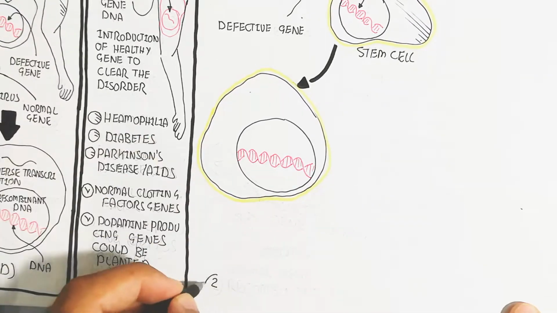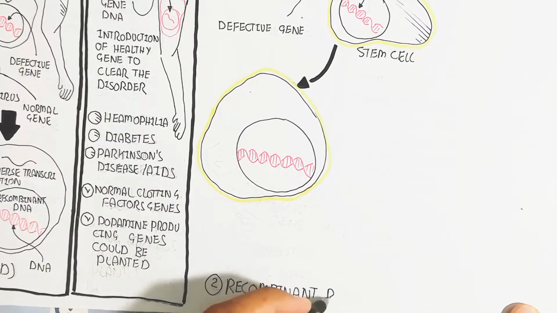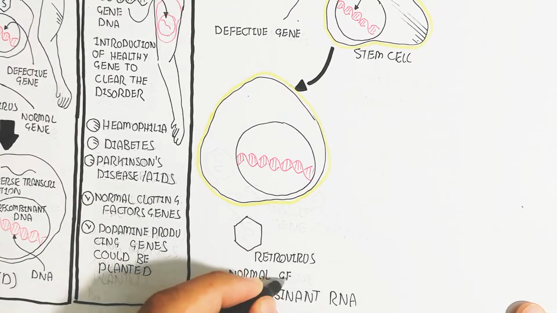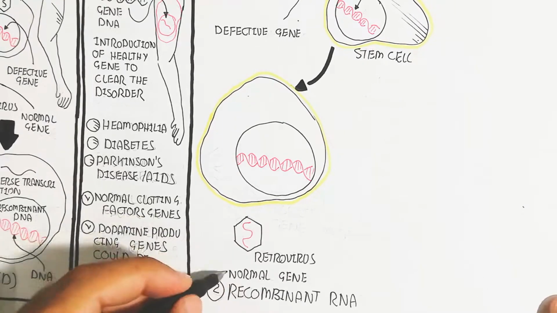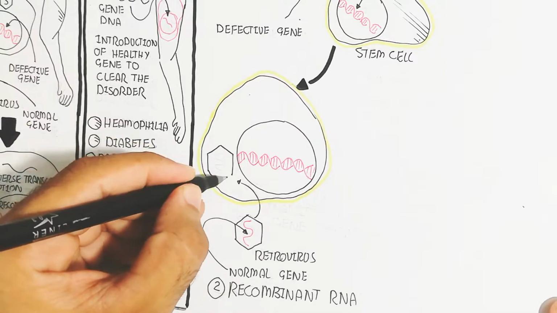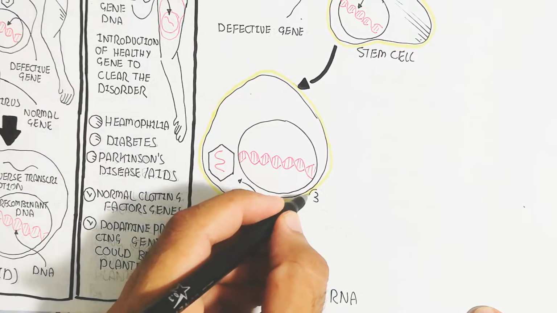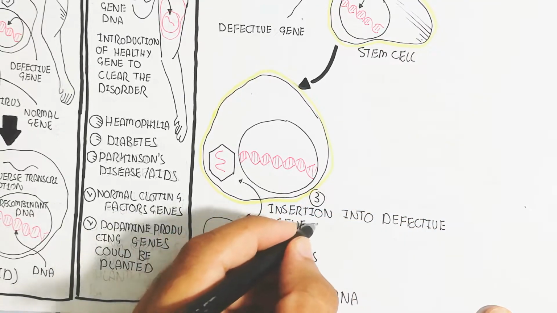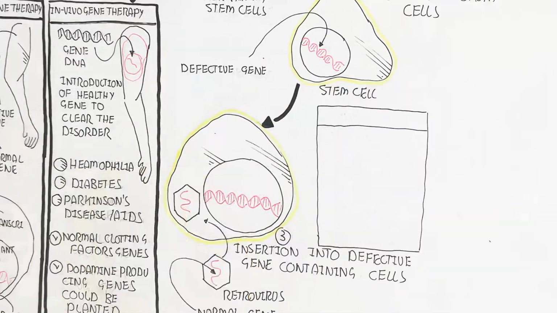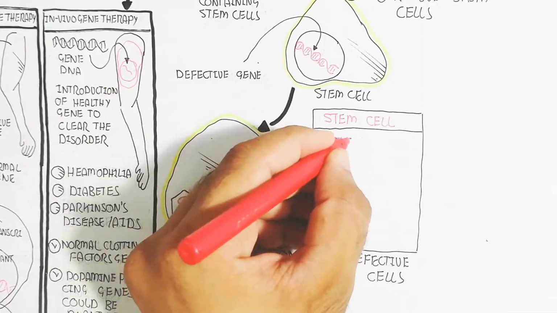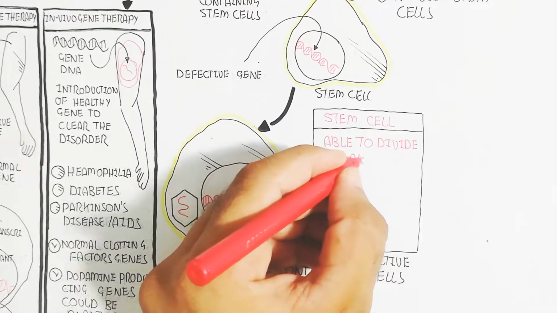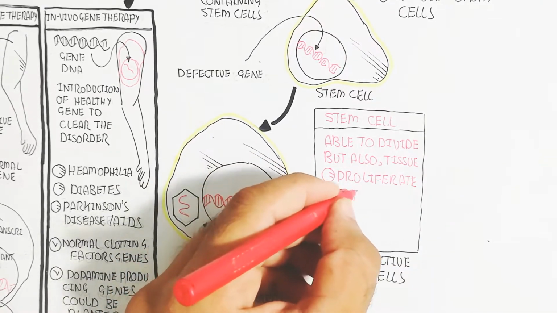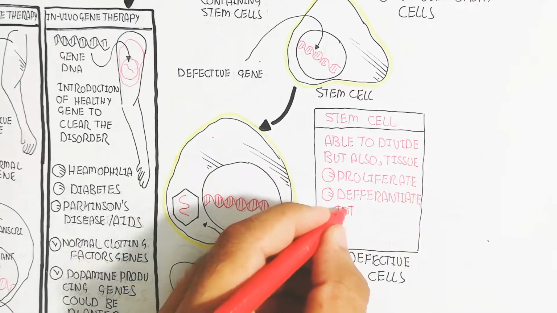So into this stem cell the normal gene containing recombinant RNA is introduced via a retrovirus. This retrovirus will enter via a different process which we will not cover, but when introduced, it inserts into the defective gene containing stem cell. First of all, we should understand that the stem cell is able to divide, and the tissue containing it can proliferate and differentiate into many cells like B cell, T cell, natural killer cell, WBC and RBC.